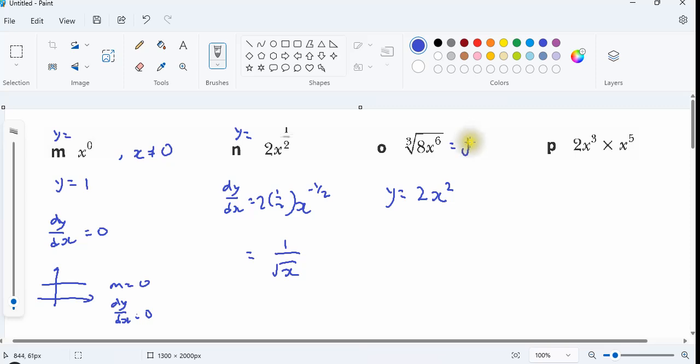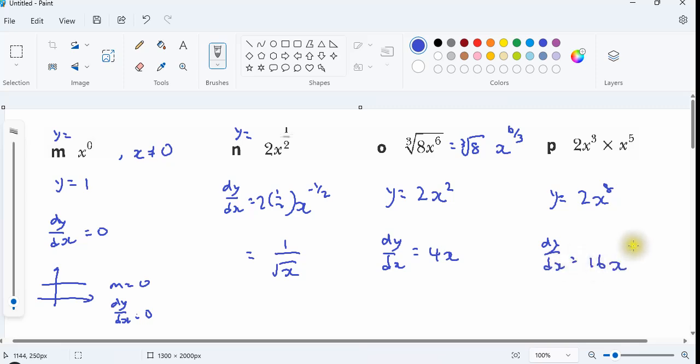So this is cube root of 8, and then x to the power of 6 over 3, which is 2. Cube root of 8 is 2. Okay, so the dy/dx here will be 4x. Okay, so the y here is 2 x to the power 8, then dy/dx will be 16x to the power of 7.